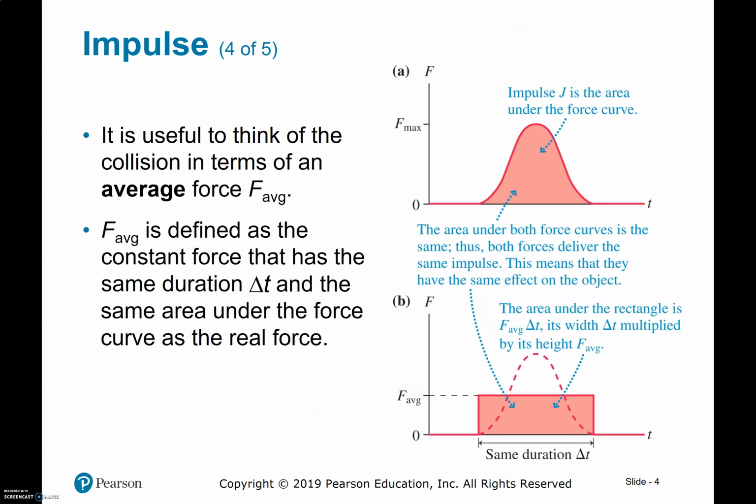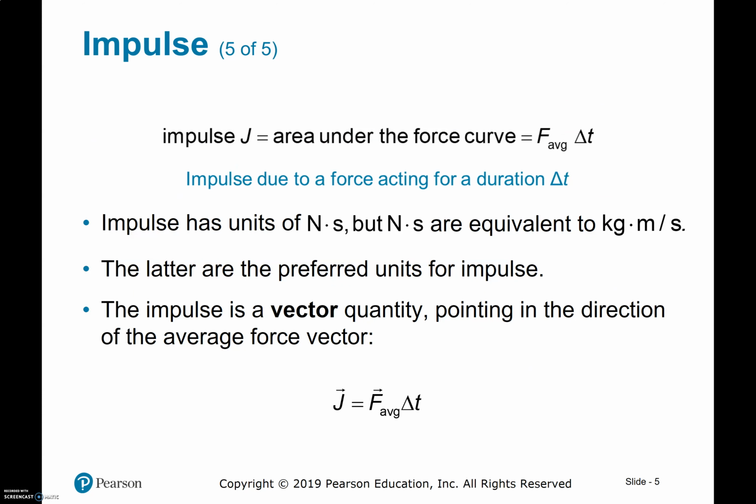Then you can use this idea of average force to calculate the area, and we'll see how to do that. So what is impulse? Impulse is the area under the graph, and it is equal to that average force times delta t. So you have time and force, and a force that goes up sharply. Then you find the average force that gives you a square with the same area, that is F average.